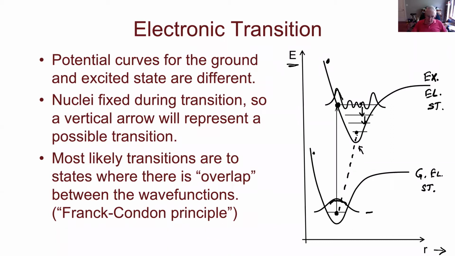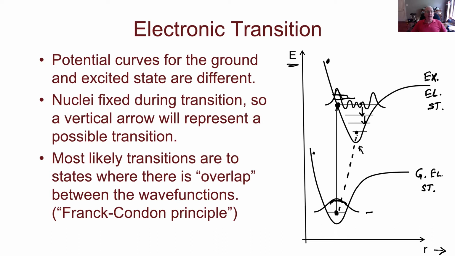Our absorption is going to show us that this could land here. If I drew more vibrational levels up here, I'd have more states that it could go to, right? So I'm going to have a transition from this state down here, the ground vibrational and electronic state. I'm going to be able to go to any of a bunch of electronic vibrational states in the excited state.